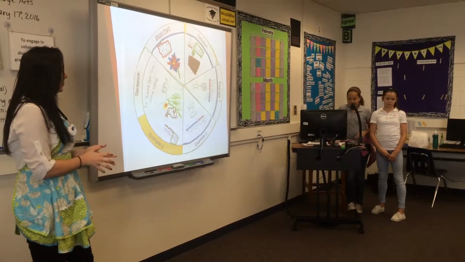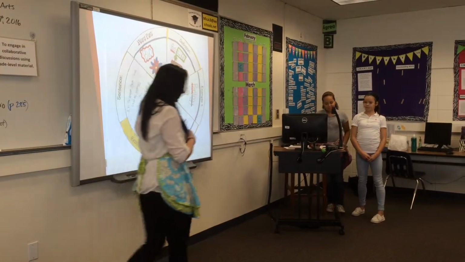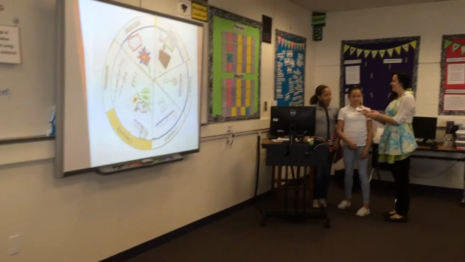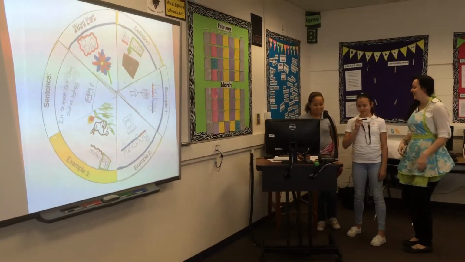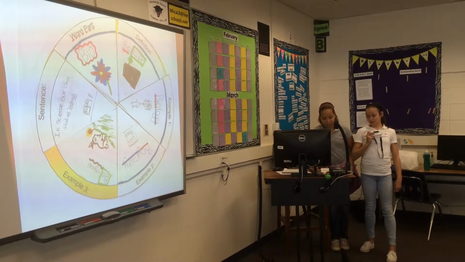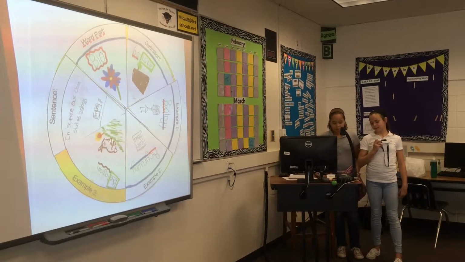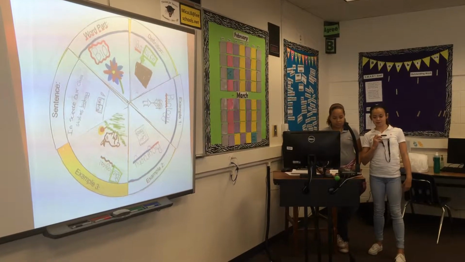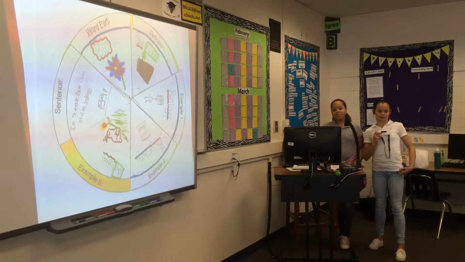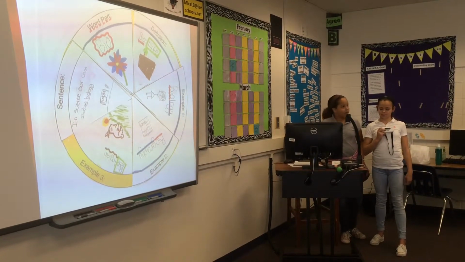Okay, so bio means life, and then biology means the study of life. Bio means life, and biology means the study of life. And biography means like a book written about someone's life. And biological means like that you're related to someone, like your siblings.